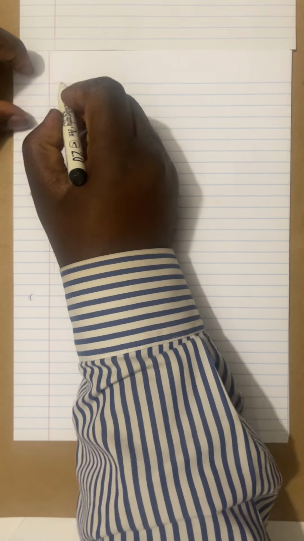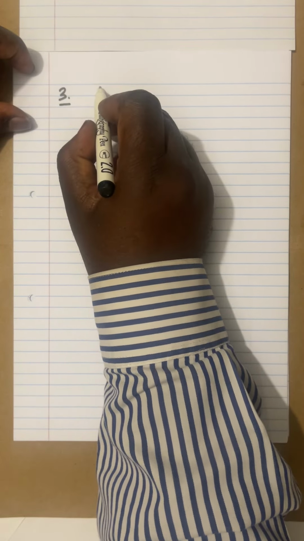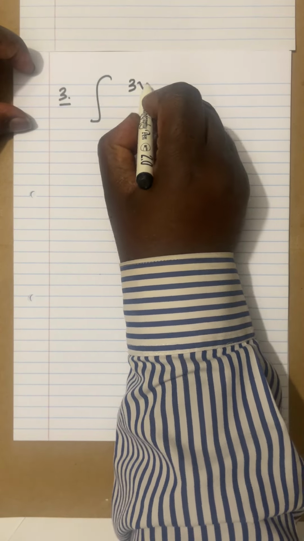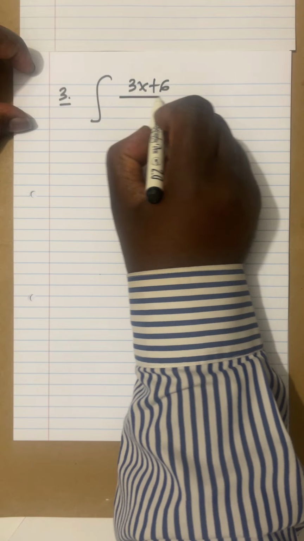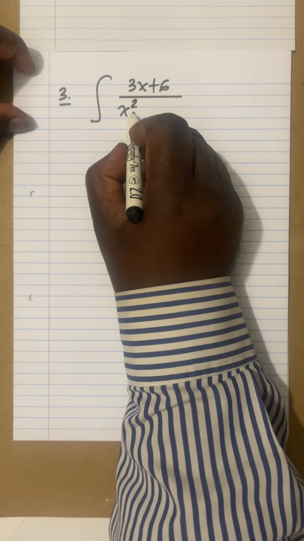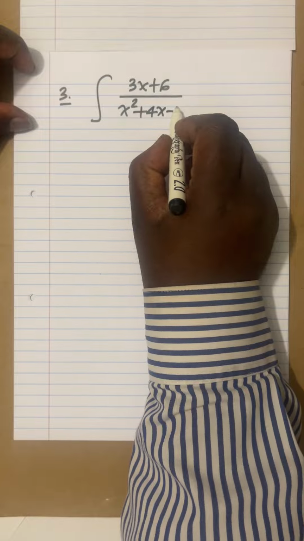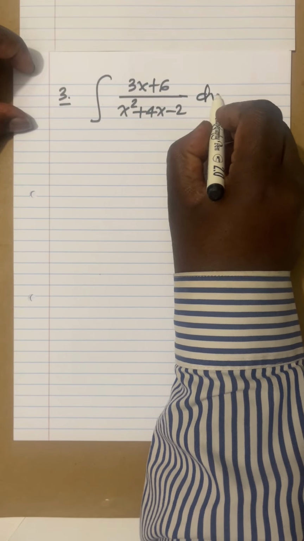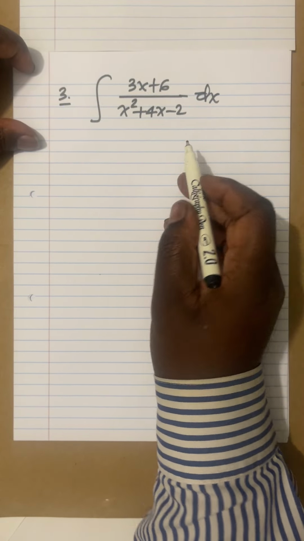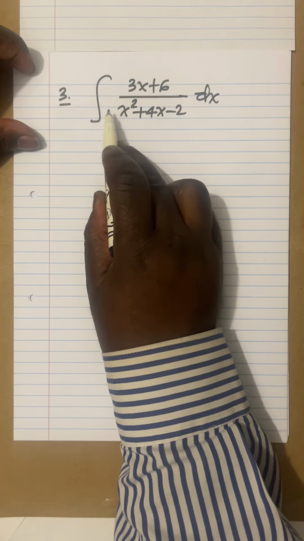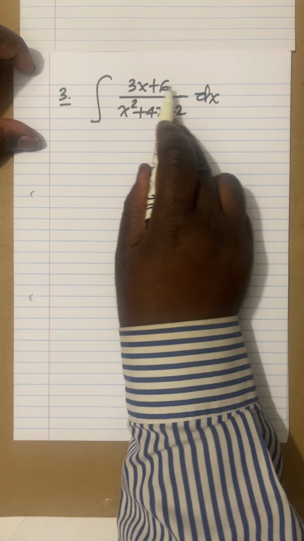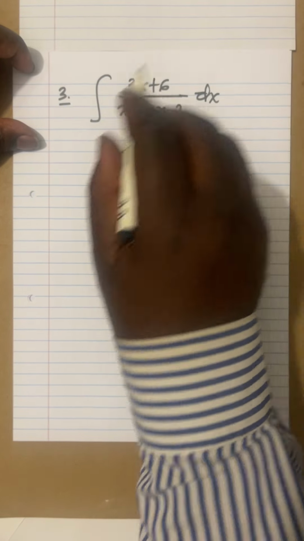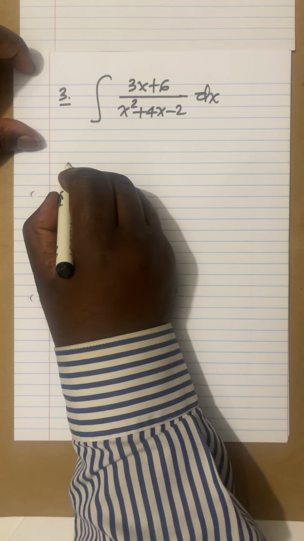Integral number 3 is the integral of (3x plus 6) all over (x squared plus 4x minus 2) dx. Like I said, when I differentiate this, I get 2x plus 4, so I need 2x plus 4 there. So I have to multiply by 2 first, and therefore I must divide by 2 also.